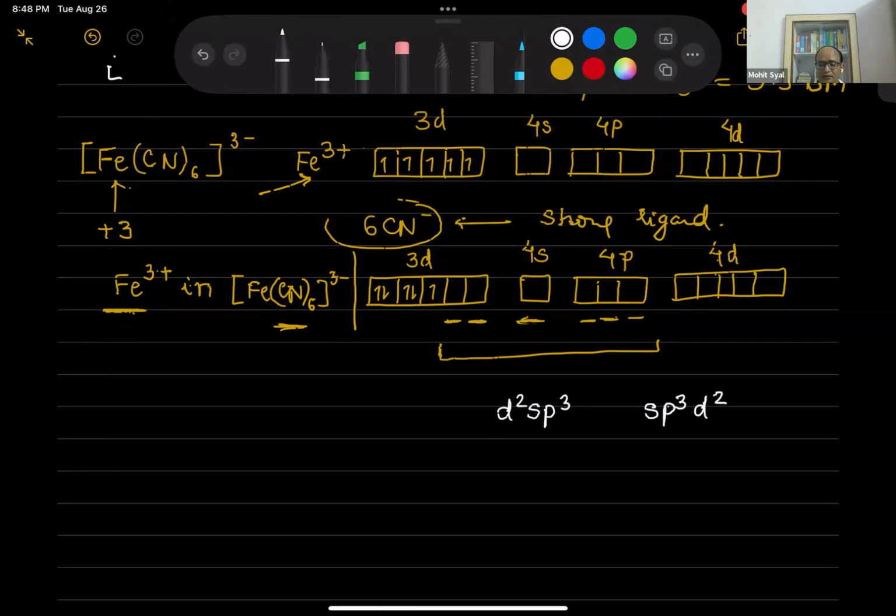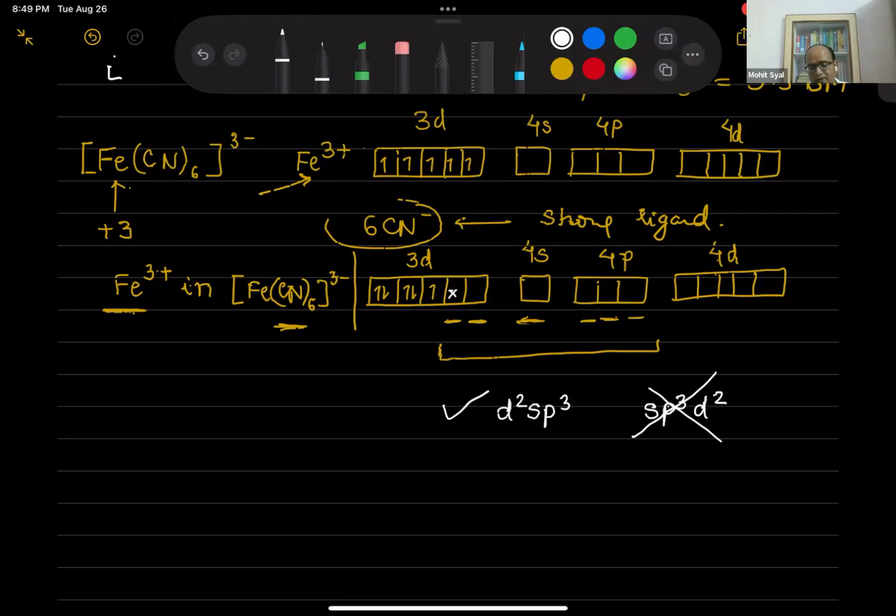Is it clear? Not this one, this one. d2sp3. Why d2sp3? Because I use the inner 3d orbitals, right? So that's why I'm going to use the d2sp3. Is it clear?